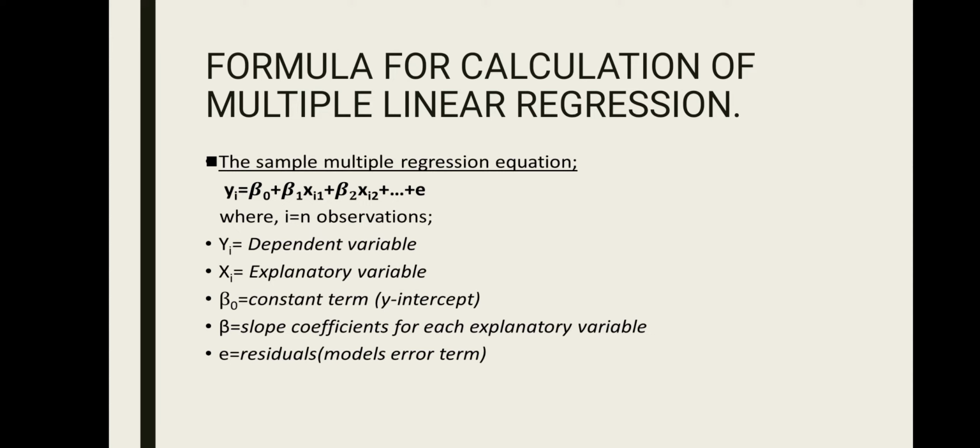The sample multiple regression equation: yi is equal to beta 0 plus beta 1 xi1 plus beta 2 xi2 plus so on plus e, where i is equal to 1 to n observations. yi is the dependent variable, xi is the explanatory variable, beta 0 is the constant term or y-intercept, beta is the slope coefficient for each explanatory variable, and e is the residual or model error term.